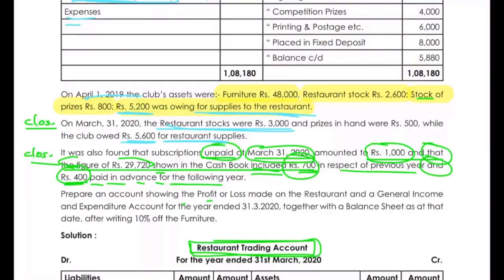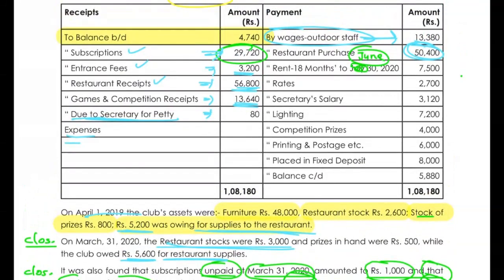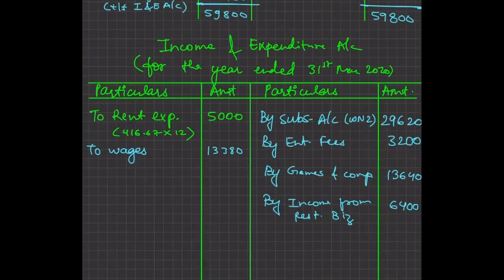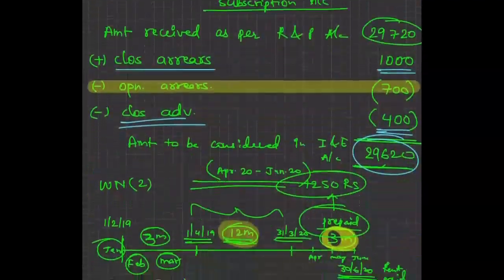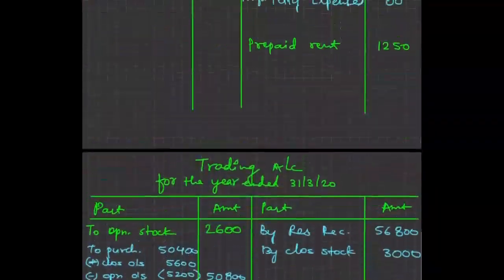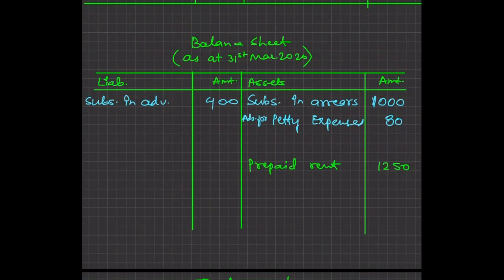Then we have other information. Restaurant purchase is done. Let us update the balance sheet as well, because side by side we need to update the balance sheet also. So closing stock of restaurant, that was 3,000, which is given. And then they have also given us the creditor for restaurant at the year end, that was 5,600.